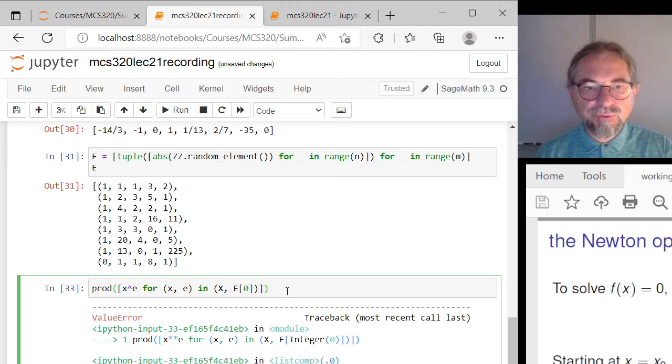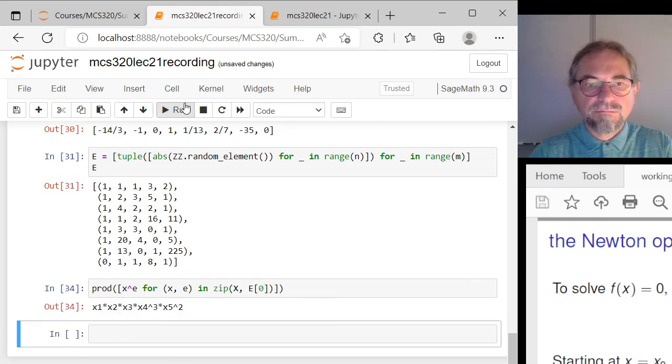So what I want to do is take a tuple out of the list of tuples, and I must do the zip. Okay, so this was interesting Python.